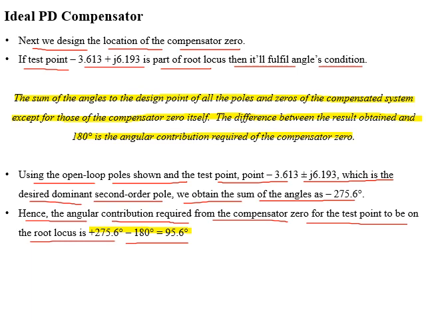So we will add a compensator zero to the system which will add an angular contribution of 95.6 degrees, and with this the angles of poles and zeros of the open loop system with the desired test point will be equal to an odd multiple of 180 degrees, and this point will become part of the root locus.